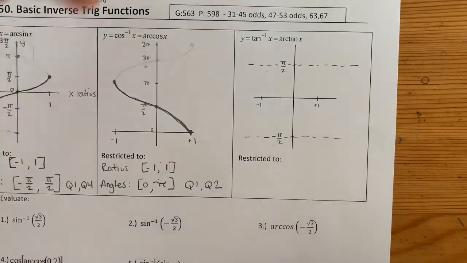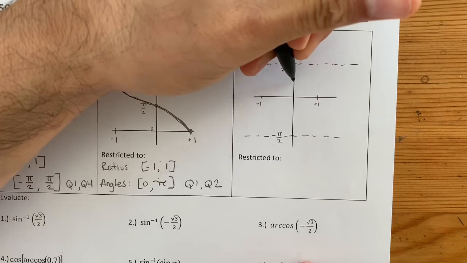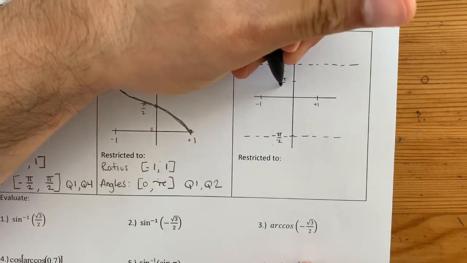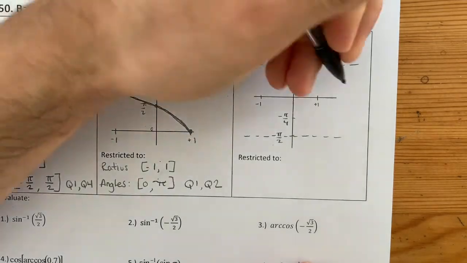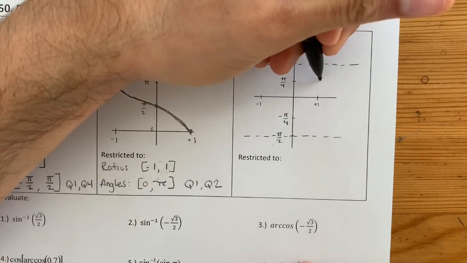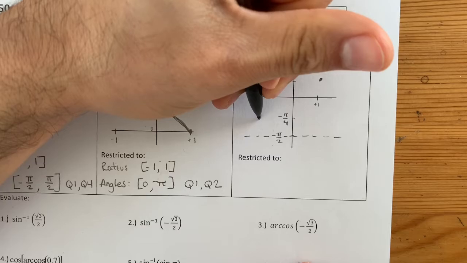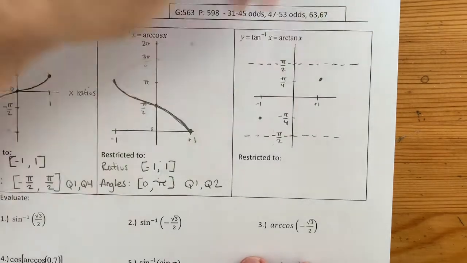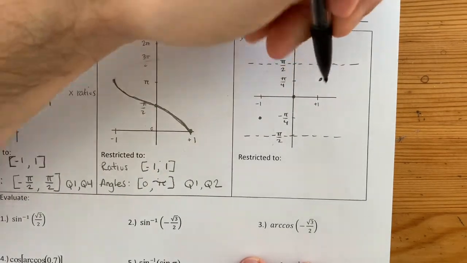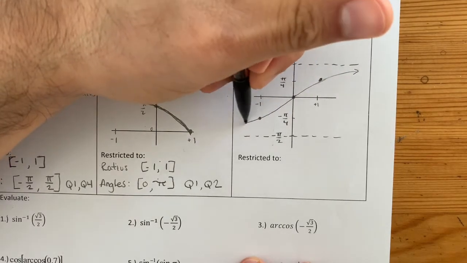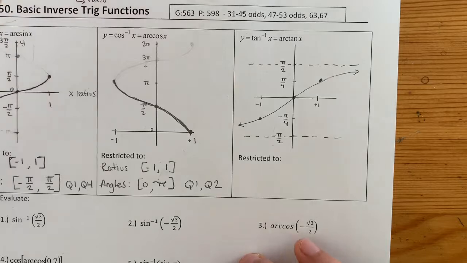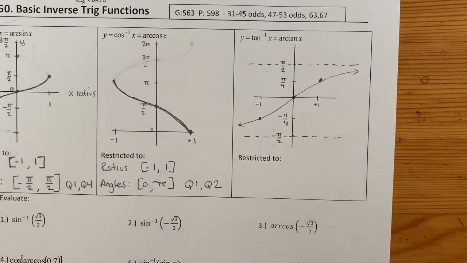Now they're horizontal asymptotes. There were then points at pi over 4 and -pi over 4. Those values were when it was +1 and -1. And then the origin was at 0, 0. And so it was like a half parabola this way, half parabola this way. And there's the graph of tan on its side, inversed.